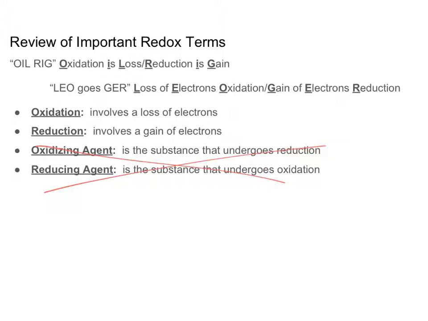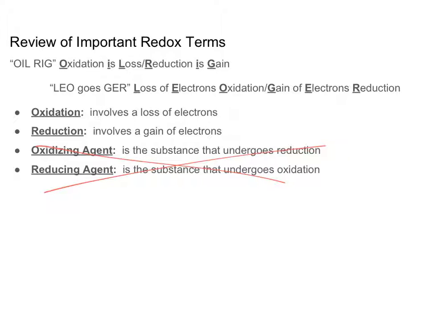I don't know if there's some cutesy little way to say remember what means what, because like OIL RIG or LEO goes GER, both are, for lack of a better term, cutesy. But it still is confusing. So sometimes I like to think of it in my head as, once I figure out whatever the thing is in terms of reduction, it's the opposite of that.